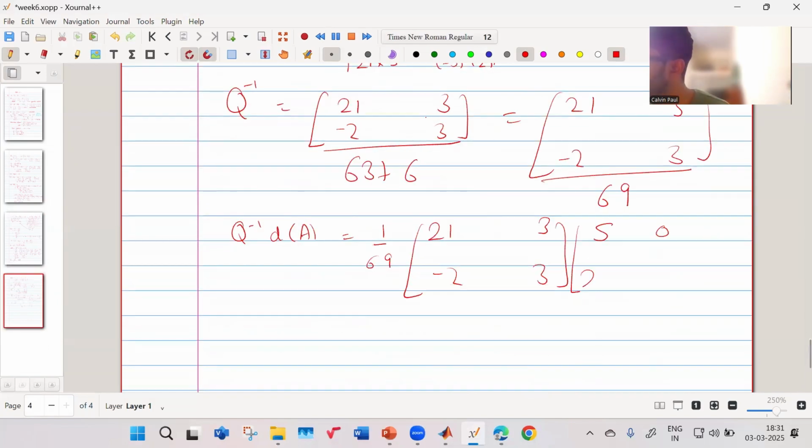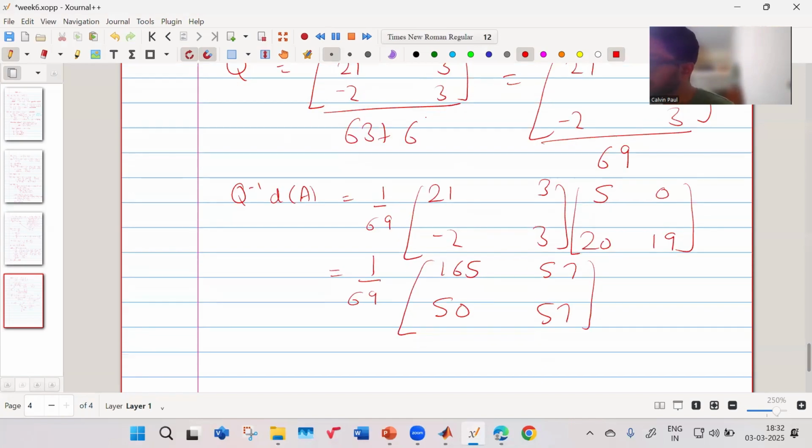When we multiply, what does it come out to be? 21 into 5 is 105 plus 3 into 20, 60, so 165. 21 into 0 is 0 plus 3 into 19 is 57. Minus 2 into 5 is minus 10 plus 3 into 20, 60, so it is 50. Minus 2 into 0 plus 3 into 19 again is 57. So this is Q inverse D of A.